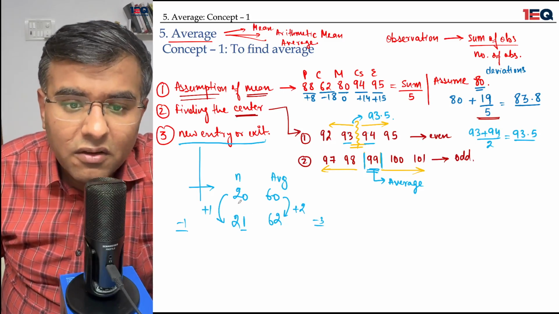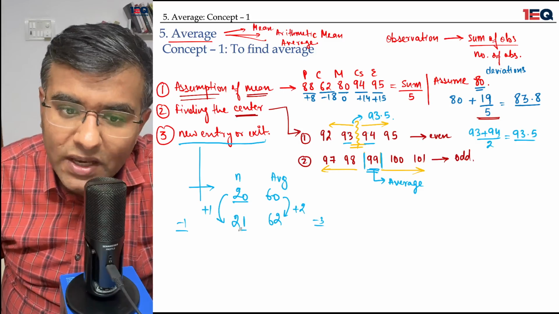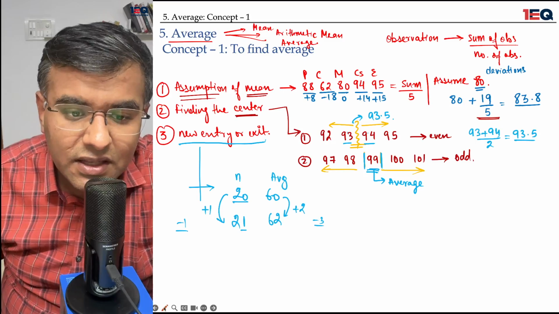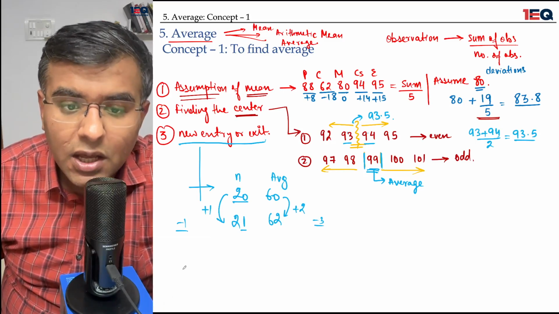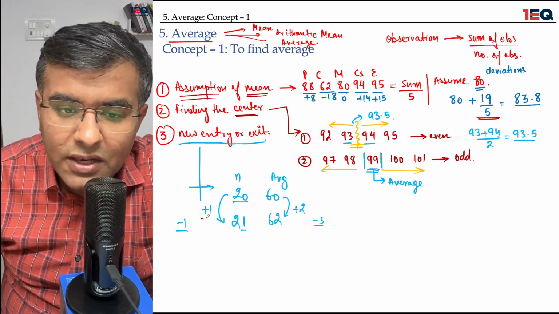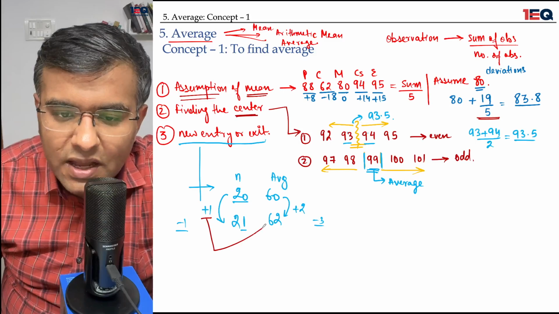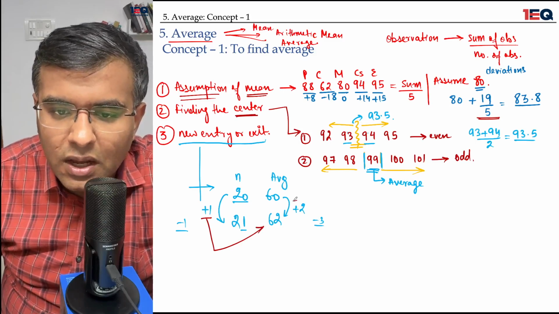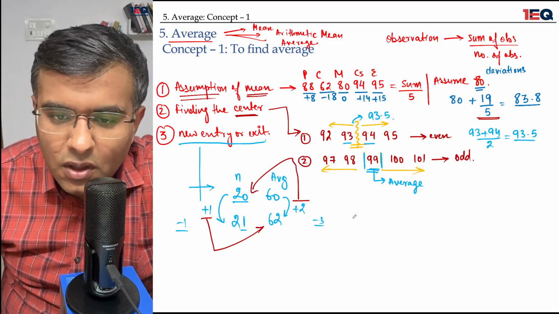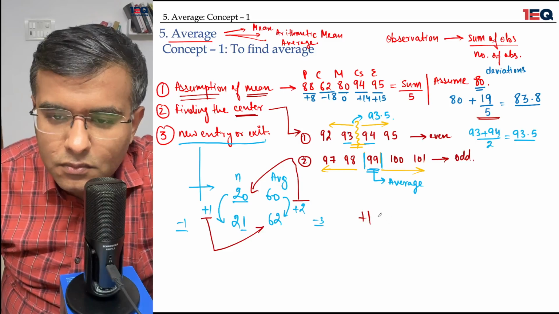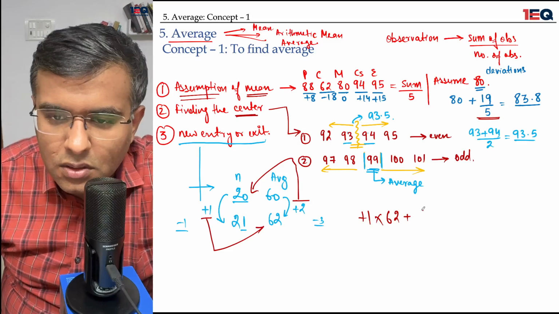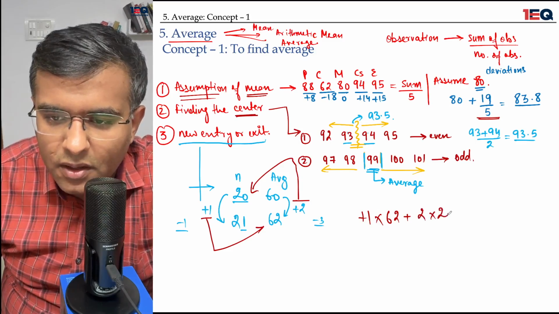But here we had 20 students in the beginning, one new student entered, and because of him +2 was the increase in the average. Then tell me, what is the score of the new student who entered? So I'll use this +1, multiply it by 62, and I'll use this +2 and multiply it with 20. So +1 multiplied by 62 plus 2 multiplied by 20.